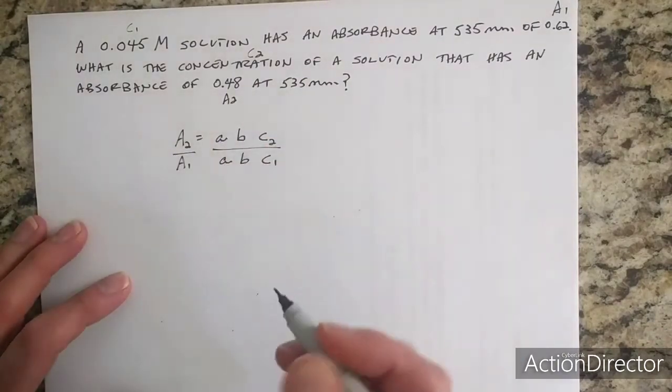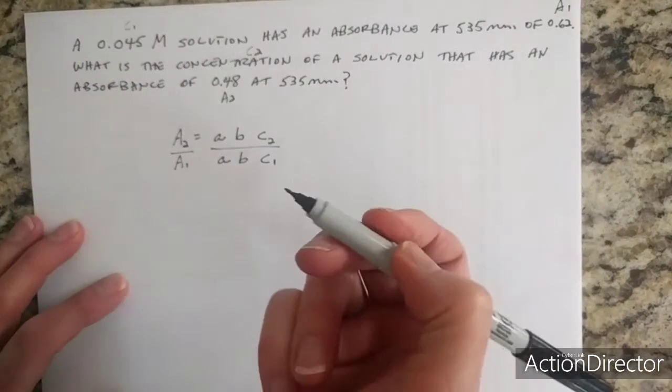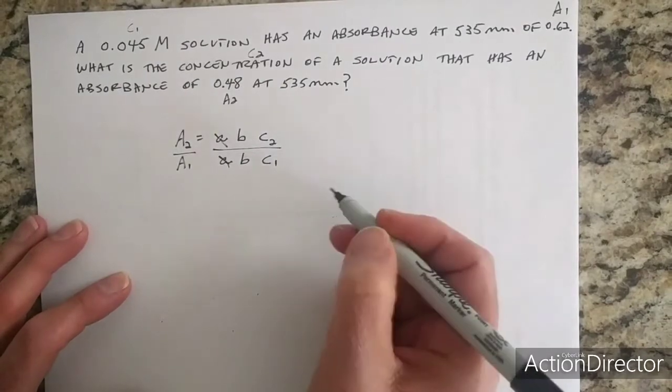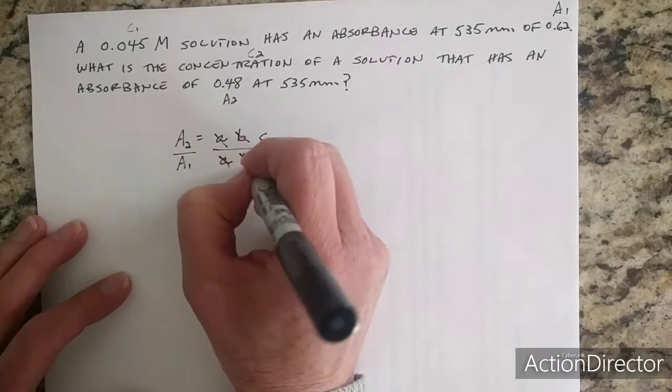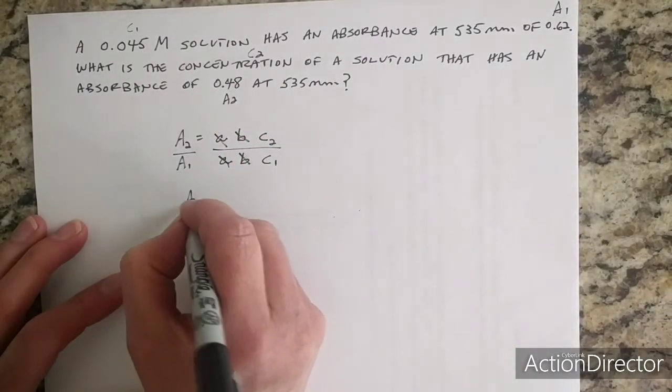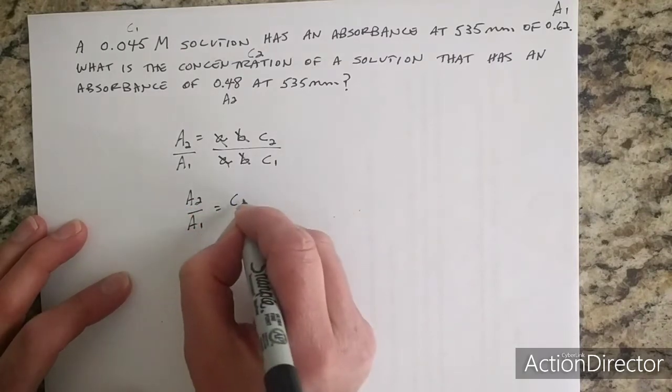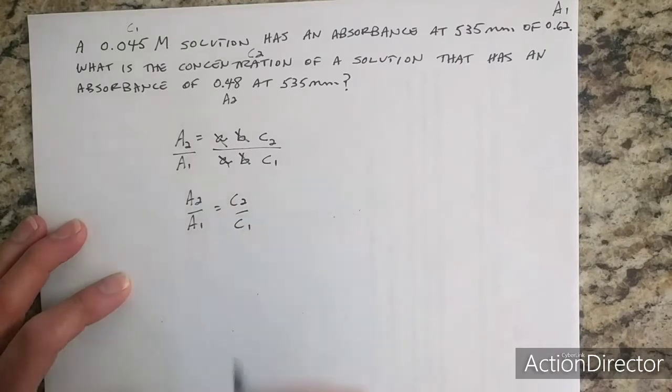So our molar absorptivity, whatever it is, will cancel out. Our path length, whatever it is, will cancel out. So we're left with A2 over A1 is equal to C2 over C1. Absorbance and concentration are directly proportional.